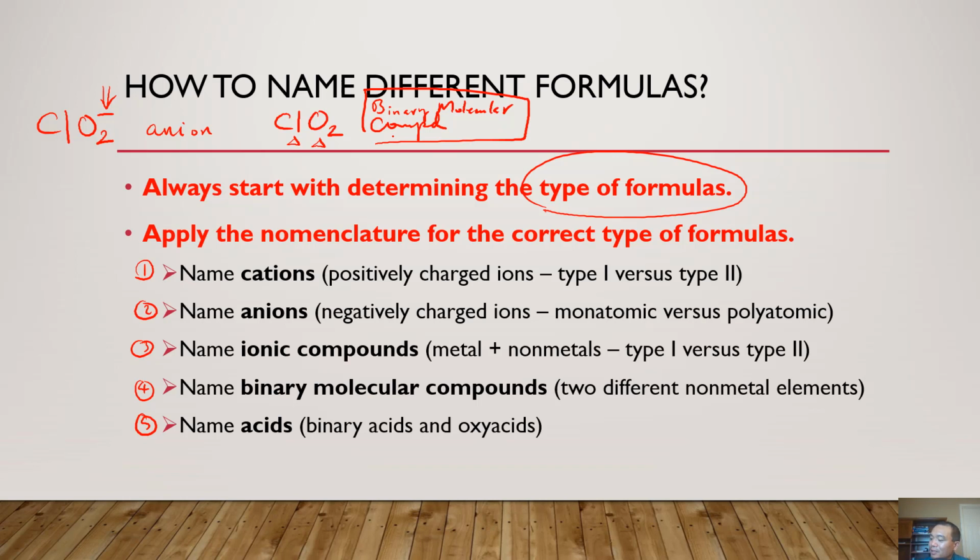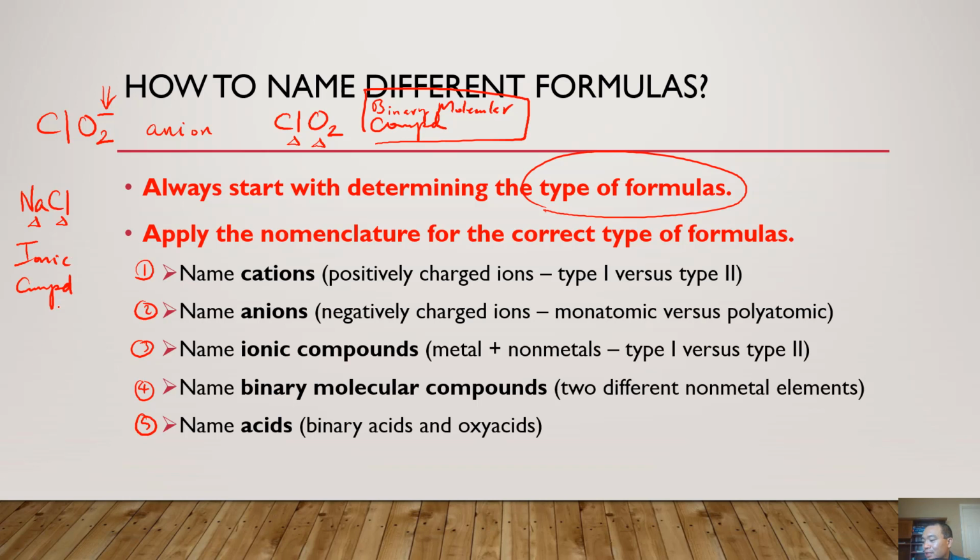What about this one? We are doing this for naming purposes. Apparently this one does not carry a charge and you have two different elements, so it must be a compound. But what type of compound for naming purposes? It's a metal and a nonmetal, so this is an ionic compound.